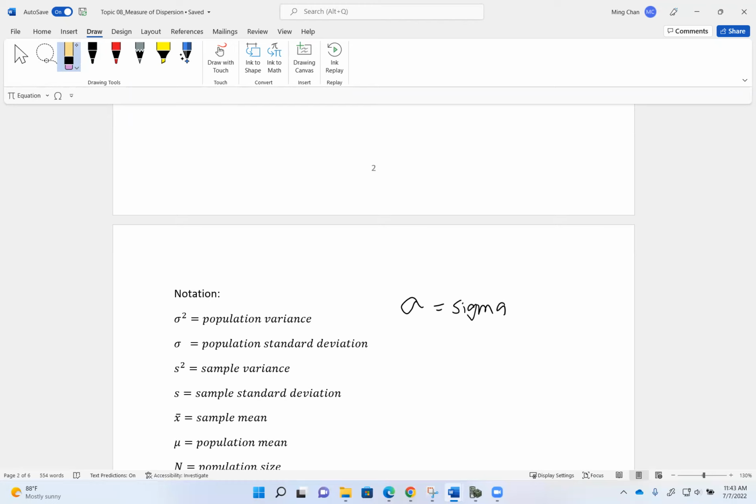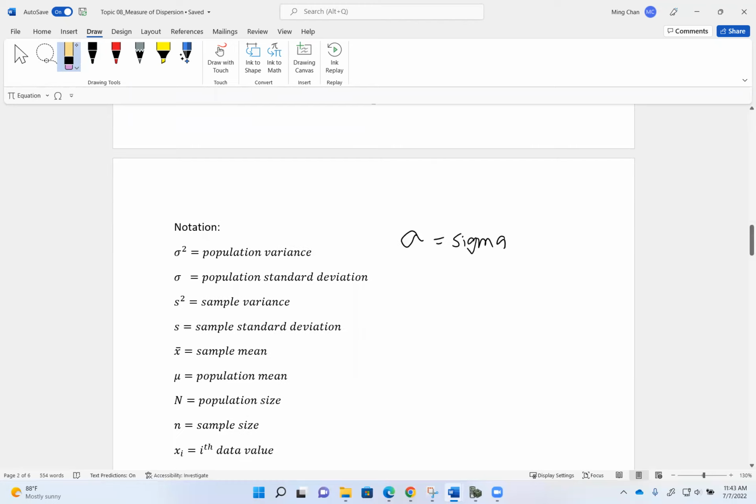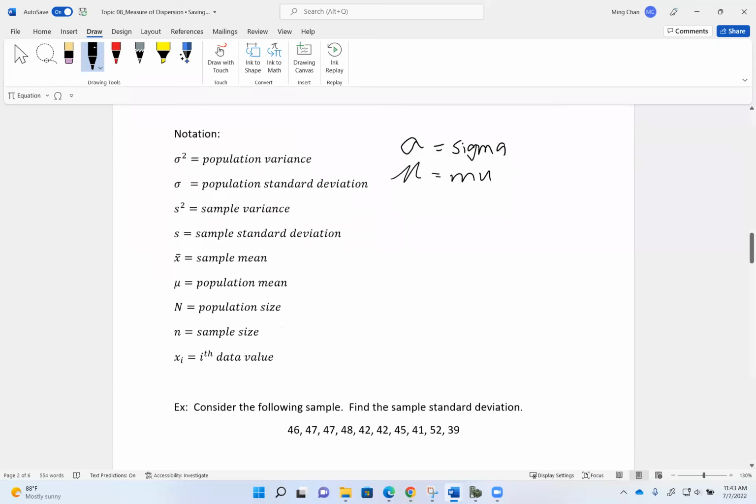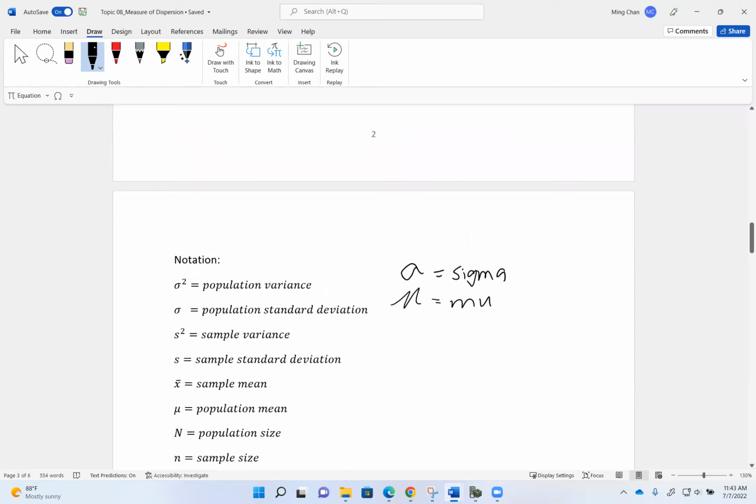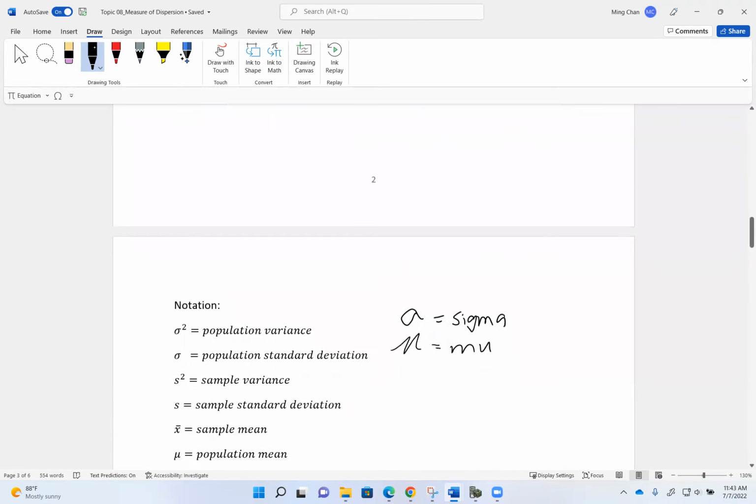X bar is the sample mean. The population mean is called mu. It's not quite a u, it's a Greek letter that I wrote like a u. Mu is the population mean. Capital N is population size, lowercase n is sample size, and xi is an individual data value. These are all the notations we have seen so far from these formulas.